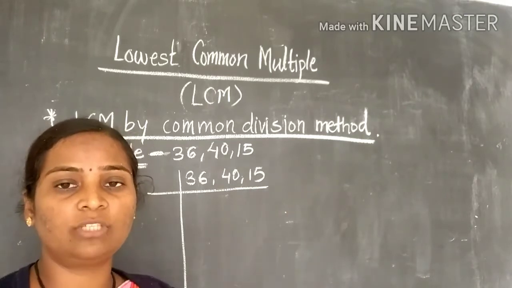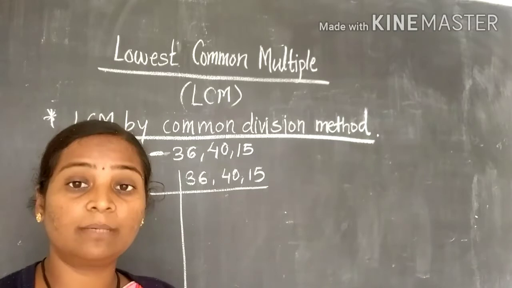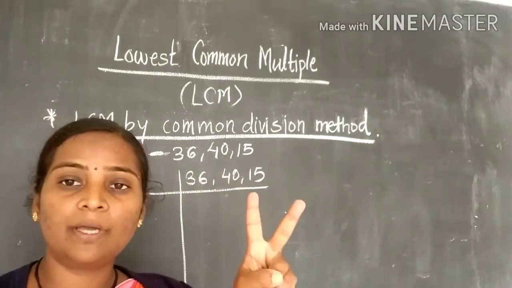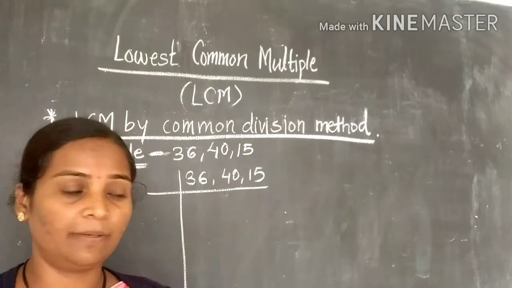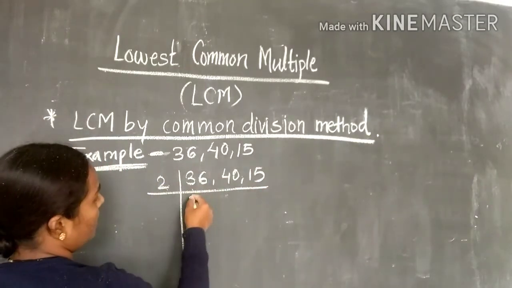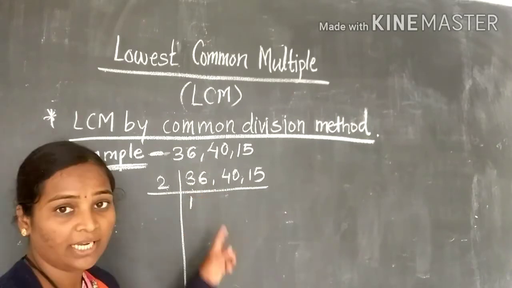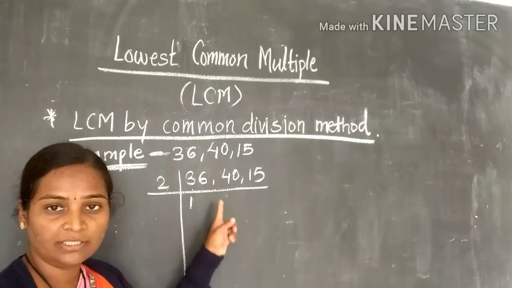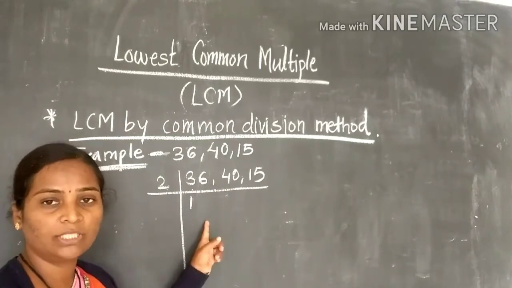You take any prime number. By that exact prime number, at least two numbers will be divisible. If I have taken 2 here, you have to write the quotient below that same number. Which quotient is there, you have to write down below that number.